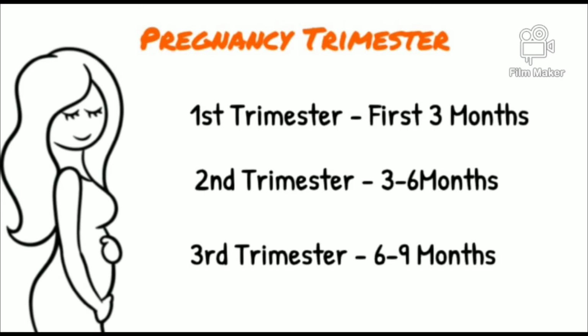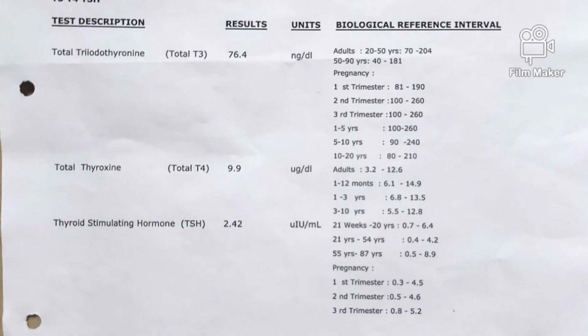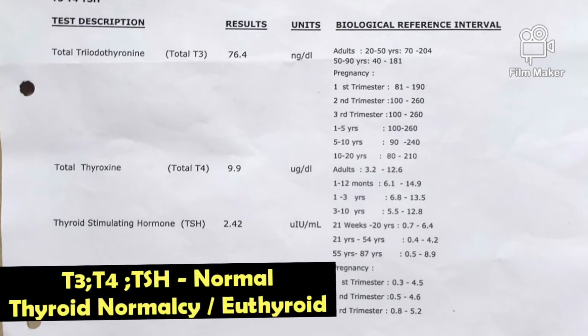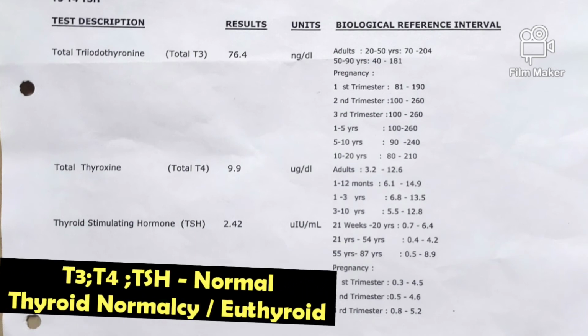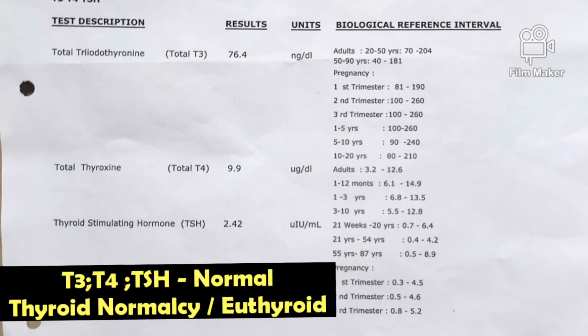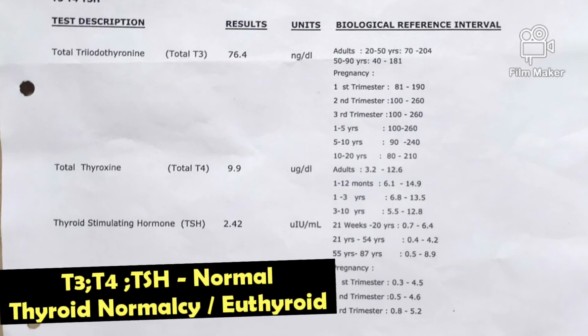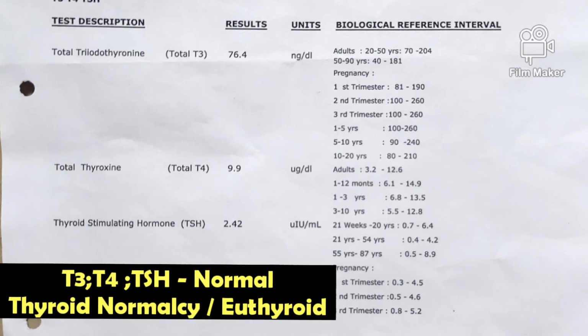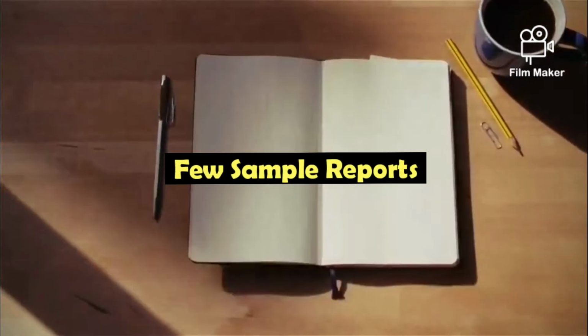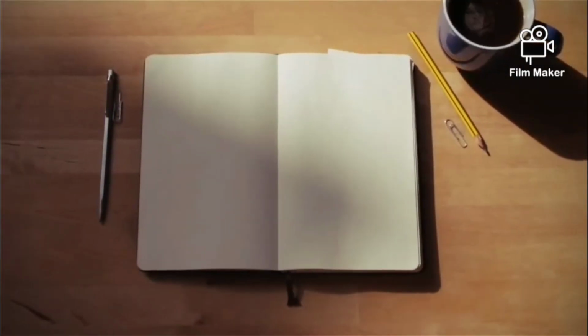Okay. Now, having completed this report, we can say that all the T3, T4, TSH levels are normal. Whenever these levels are normal, we can say the thyroid condition is normal, that is euthyroid. I will also explain certain cases with examples.